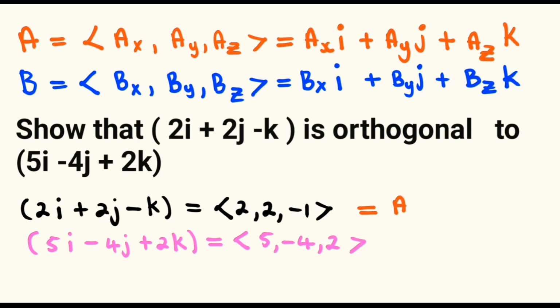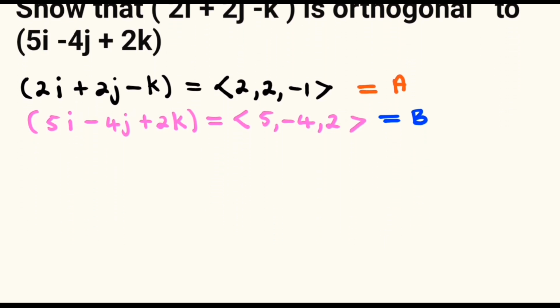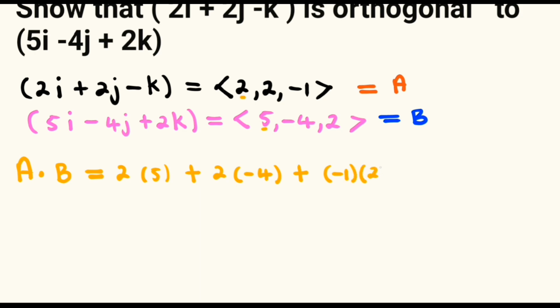We can call the first vector A and the second vector B. The dot product of A and B will be equal to the x coordinates of A and B multiplied, plus the y coordinates of A and B multiplied, plus the z coordinates of A and B multiplied, the negative 1 and the positive 2.